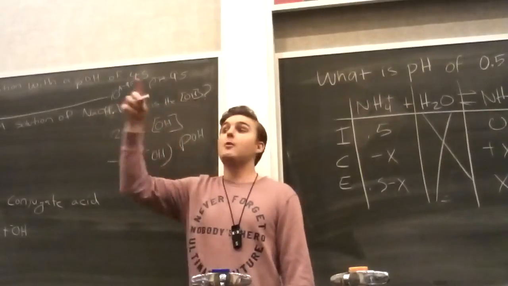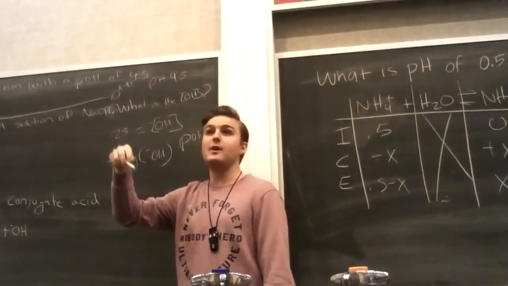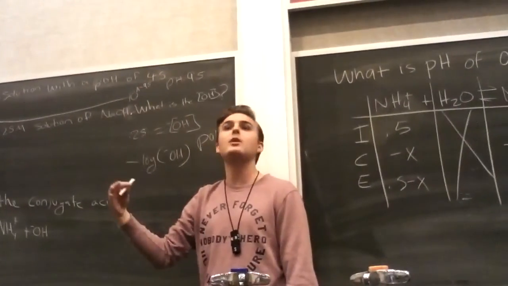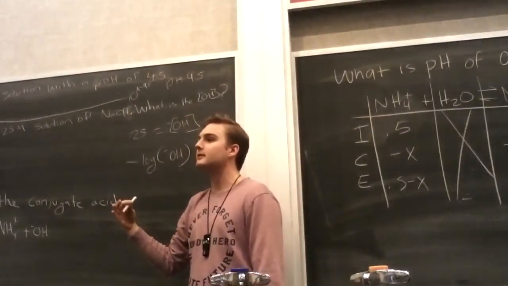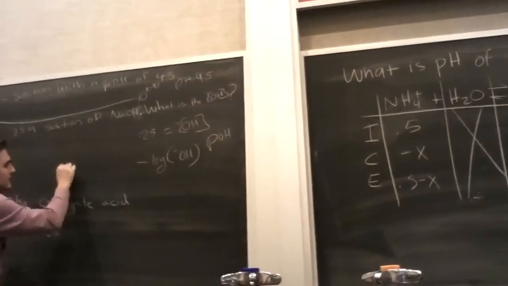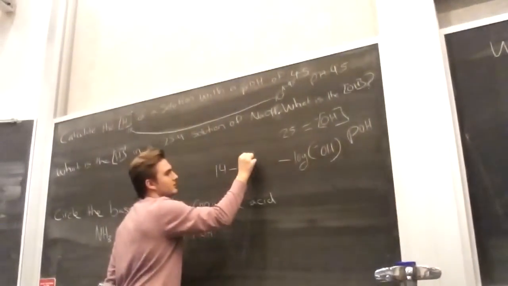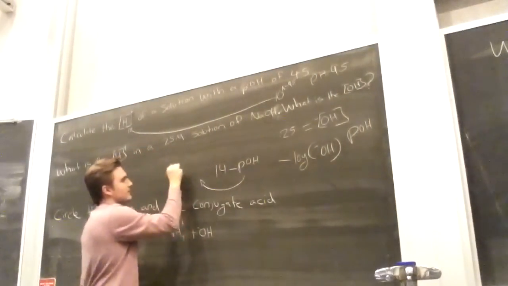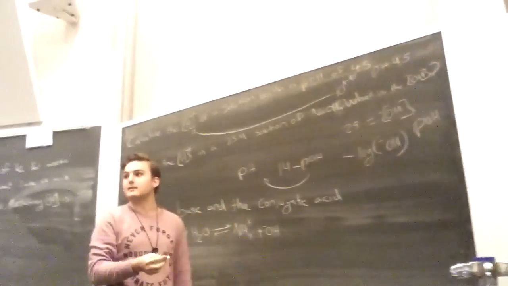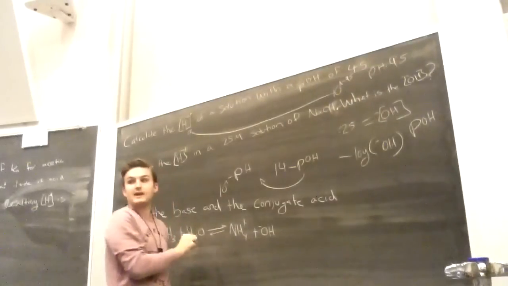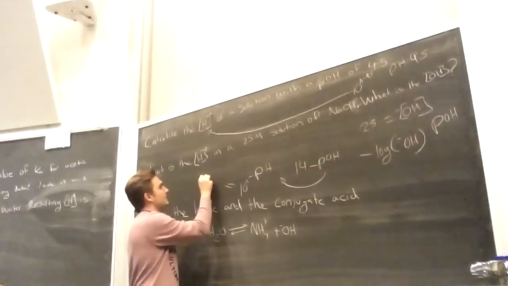So I want 14 minus my pOH, that's the step we did up here. That gives me a pH. This is messy, but you get the gist here. And then I go 10 raised to the negative pH, which gives me my H plus.